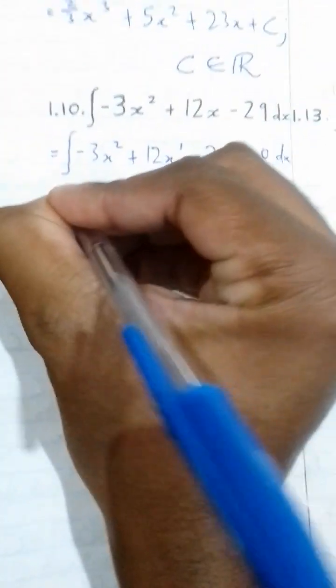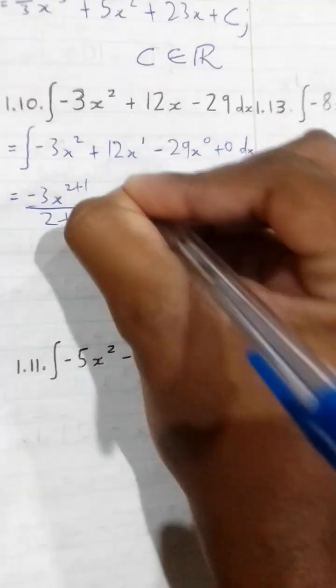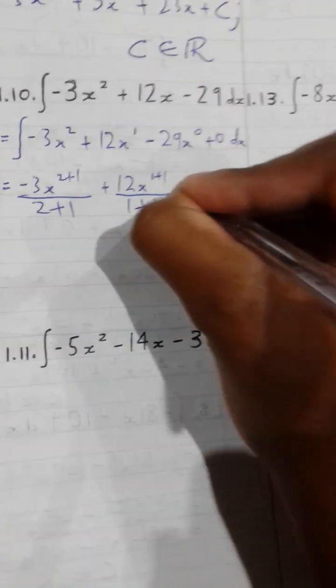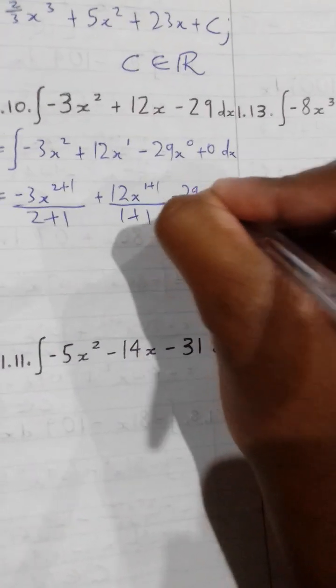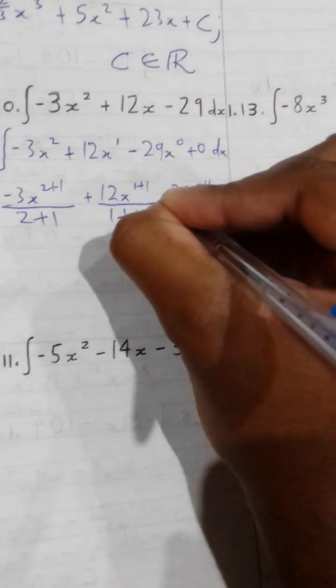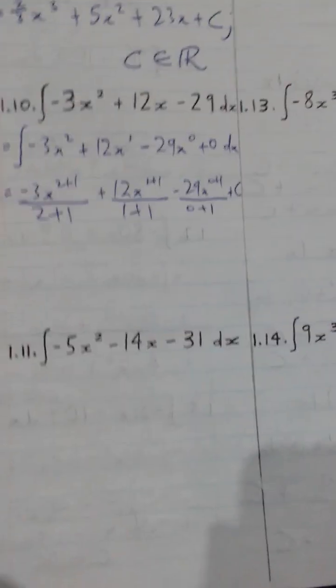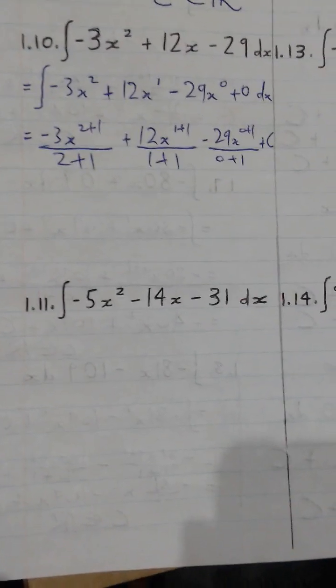So this is going to be negative 3x 2 plus 1 over 2 plus 1 plus 12x 1 plus 1 over 1 plus 1 minus 29x 0 plus 1 over 0 plus 1 plus c. Forgive me for my lack of space.